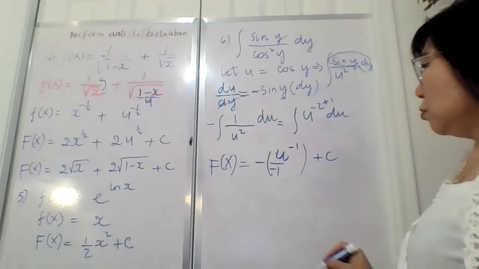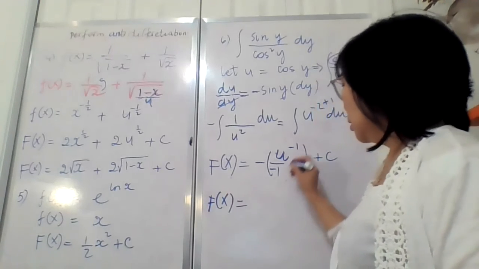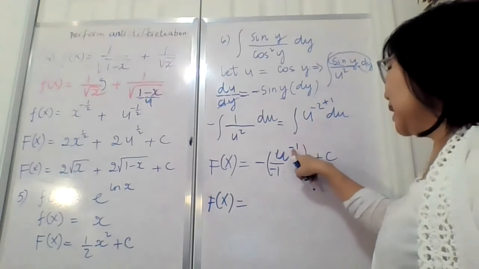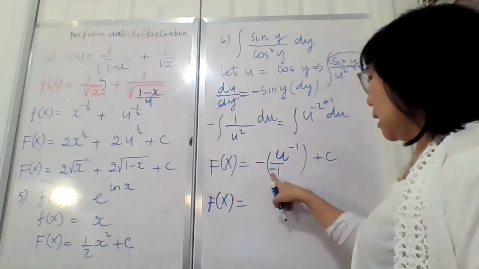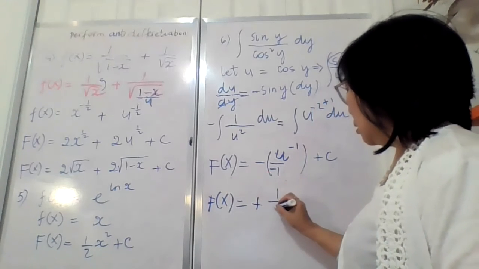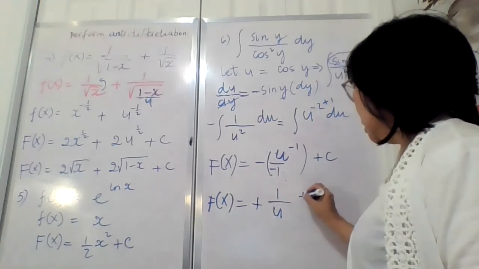That's how we do antiderivative. Minus times minus is plus, and I'm going to bring this down because of the negative power, so it's 1 over u to the power 1 plus c.